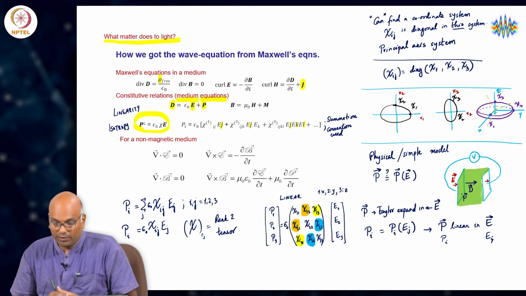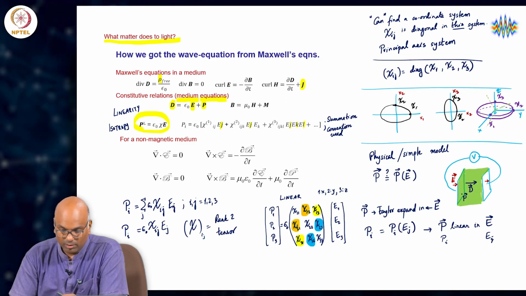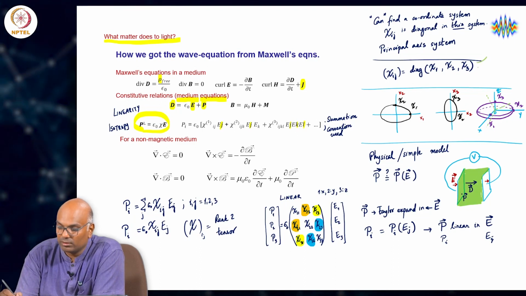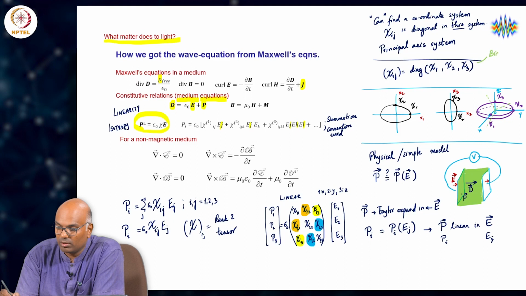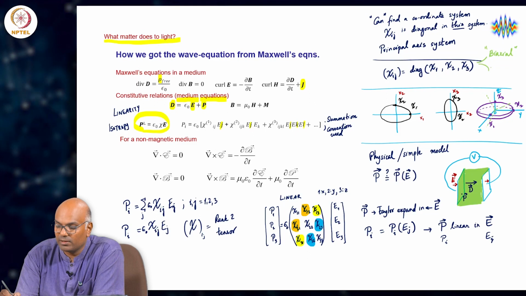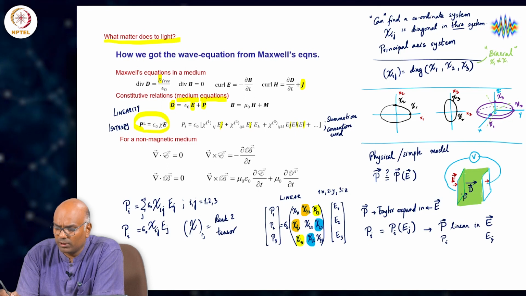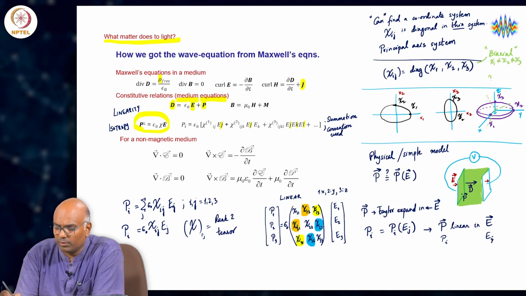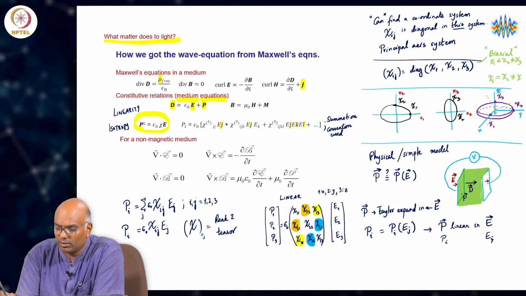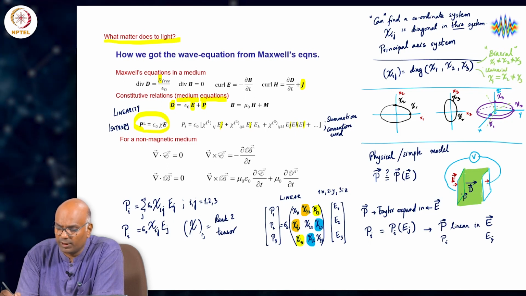Furthermore, a medium in which chi 1 1, chi 2 2, chi 3 3 are all different is called a biaxial medium, whereas a medium in which chi 1 is equal to chi 2 but not equal to chi 3 is a uniaxial medium.